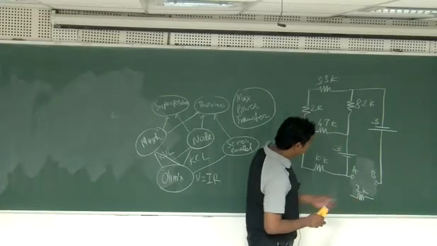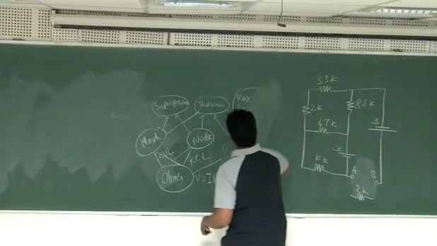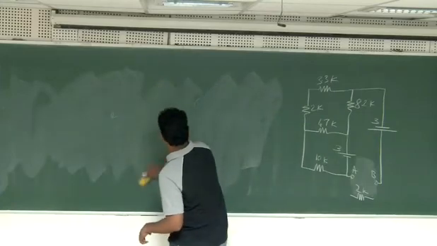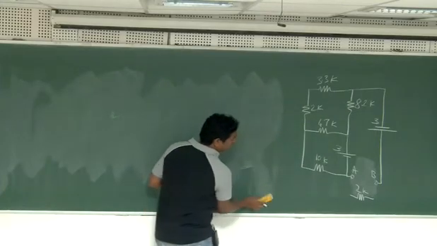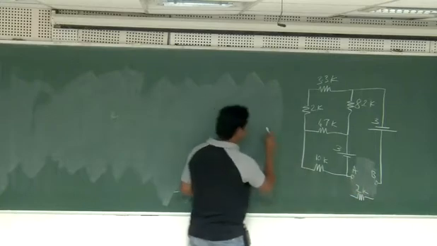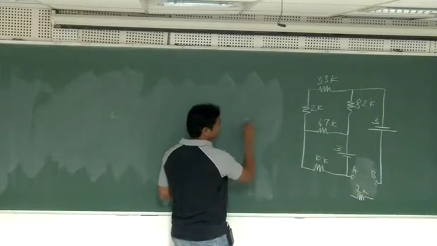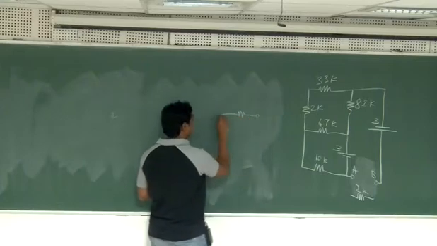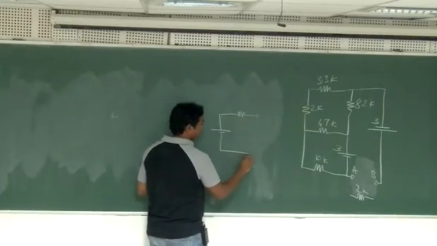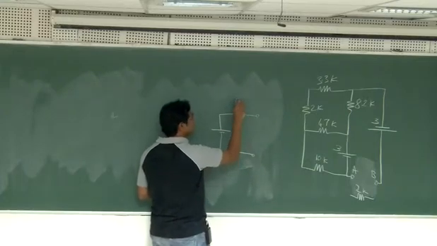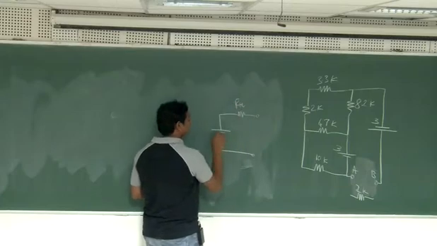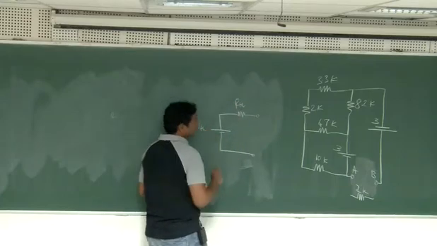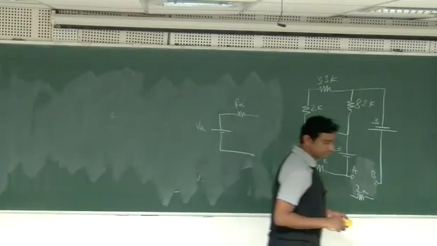Now I want to replace this with RTH and VTH. So what are the values of these two?